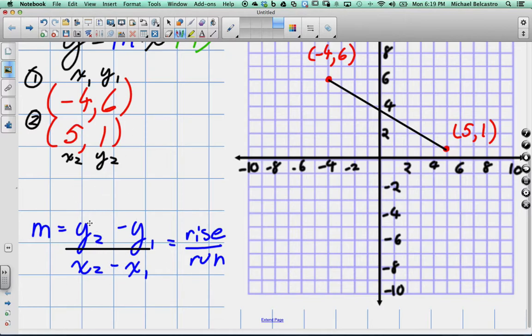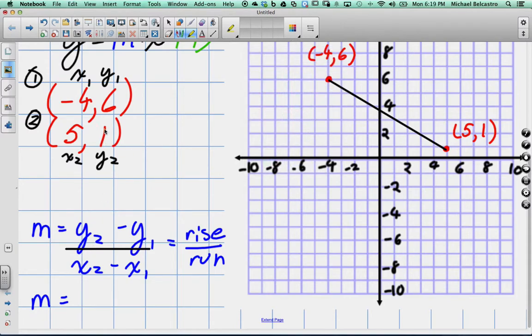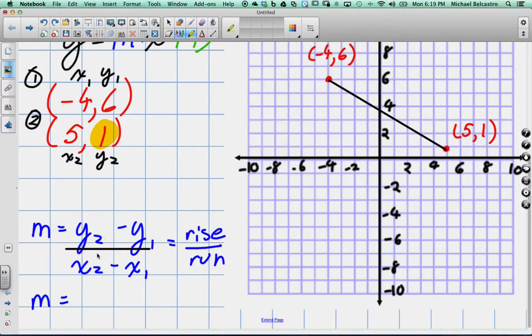Since we have our values, we can start plugging things in. So m, which is our slope, is going to be equal to y2, and I'm going to try to highlight with many different colors here as much as we can. Y2 in this case is the value of 1.